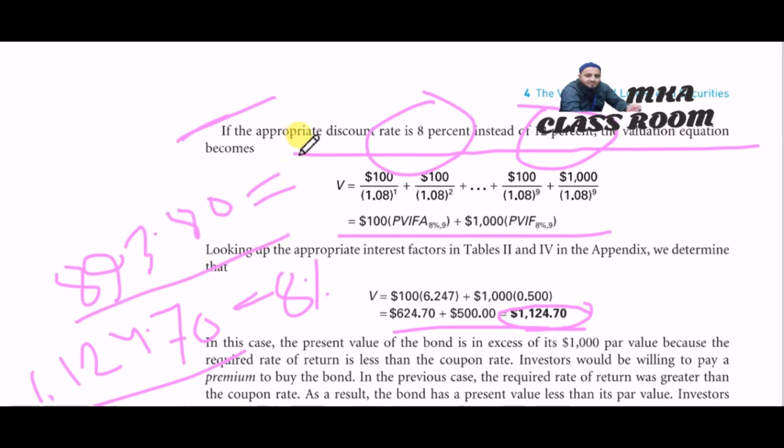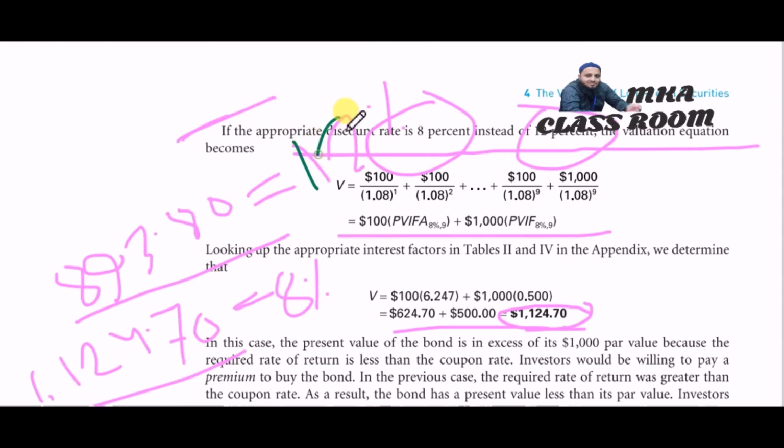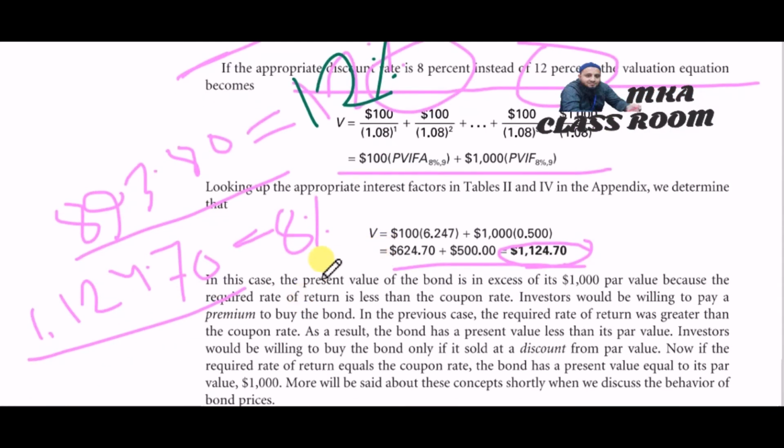So here our required rate of return is 8%, the appropriate discount rate.